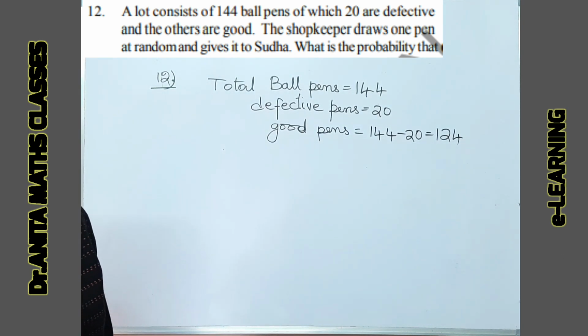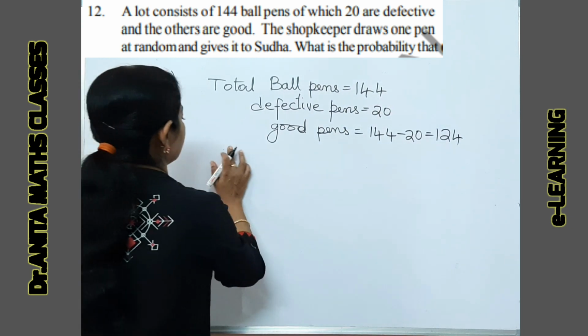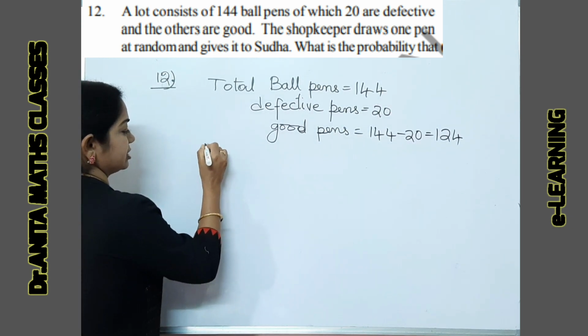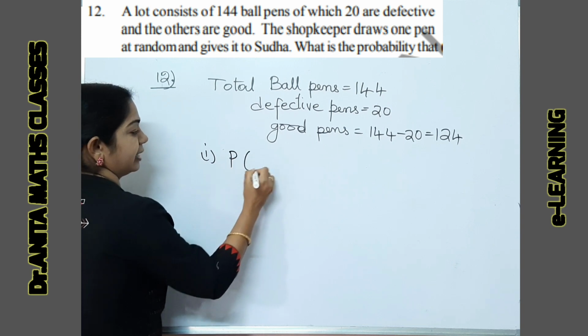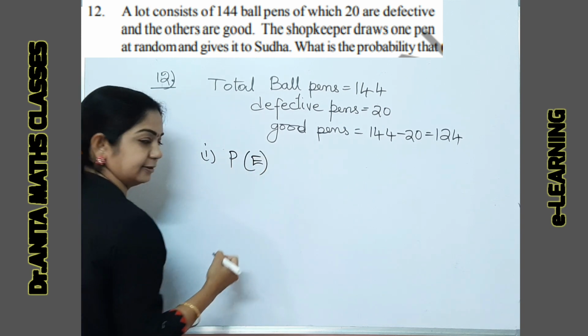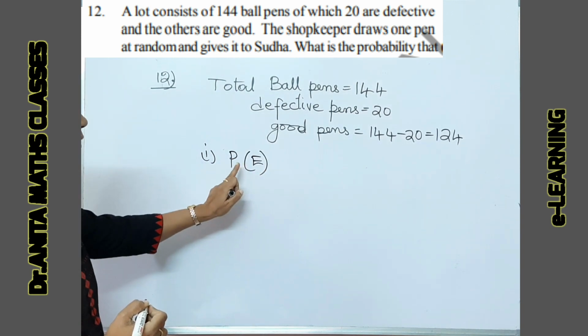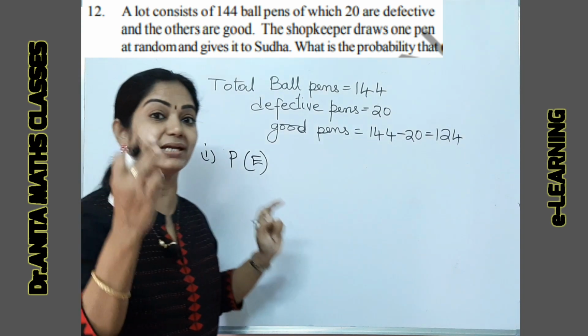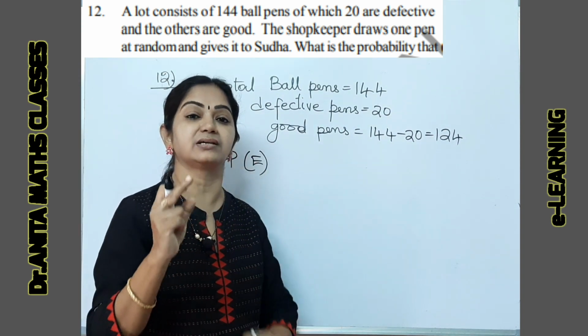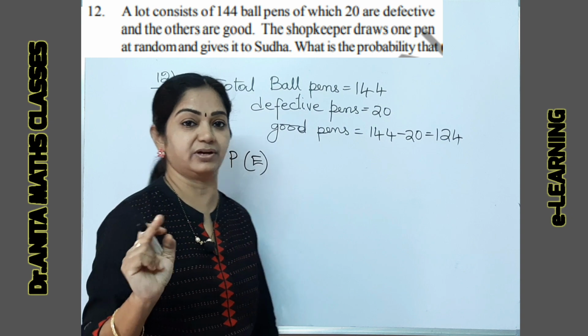Now we have to find whether Sudha will buy or not. Let us take the first part, the event that she will buy. She will buy when the shopkeeper gives her a good pen, not a defective one.